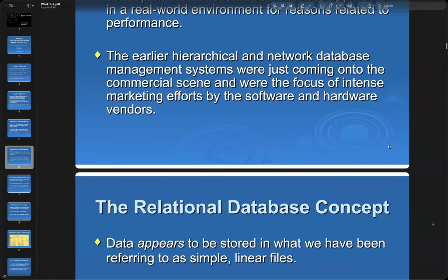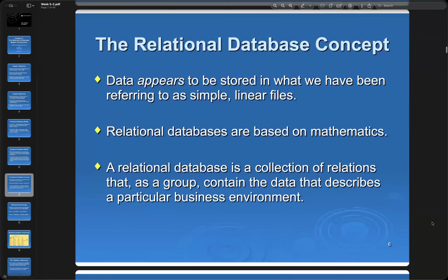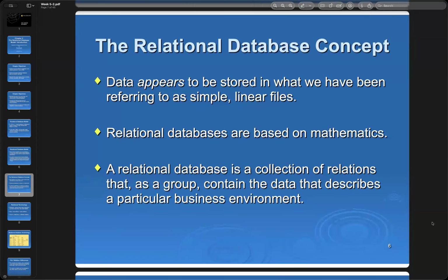At that time, the data appeared to be stored in what we have been referring to as simple or linear files. Later, relational databases were based on mathematics. So a relational database can be defined as a collection of relations, which as a group contain the data that describes a particular business environment.